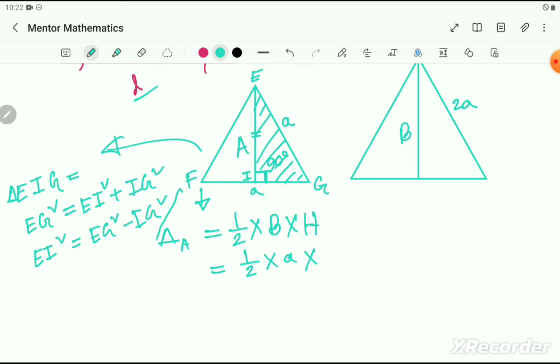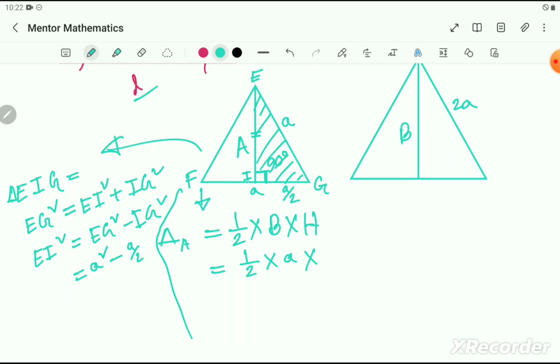Here EG we already know is A. IG is A by 2, because the distance of FG is A, so the distance of IG would be A by 2.